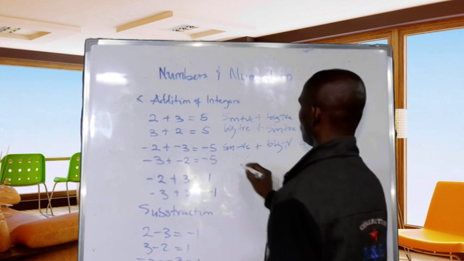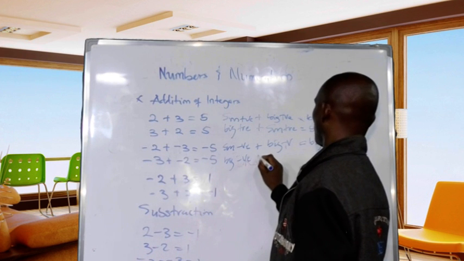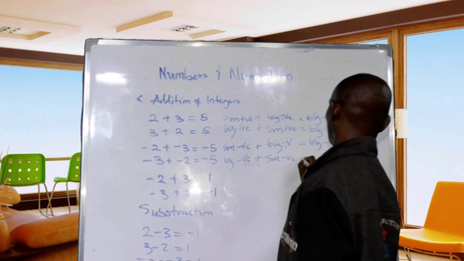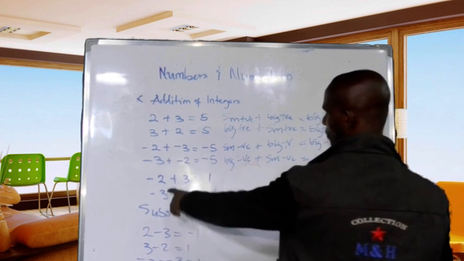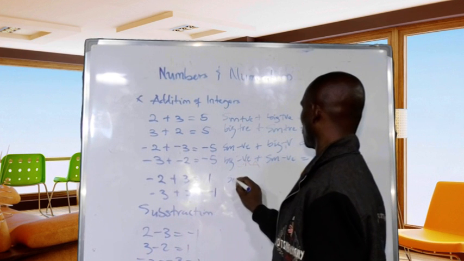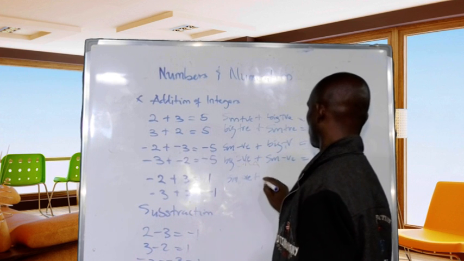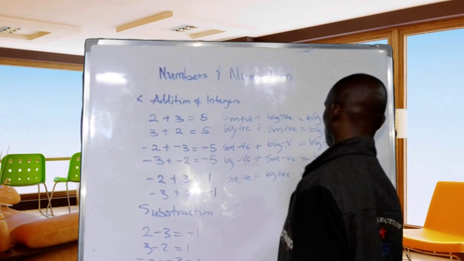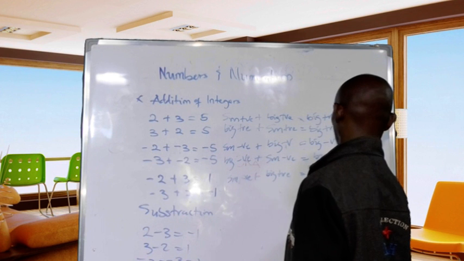The next one here we have big negative plus small negative is equal to big negative. This one here we have small negative plus big positive is equal to small positive.